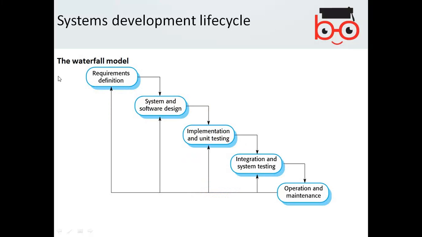One of the models, the oldest or the most used model, is the waterfall model. If you want to design a system, then initially you need to get the requirement definition, that is, what the requirements are. Then once you have the requirements, you come to system and software design.